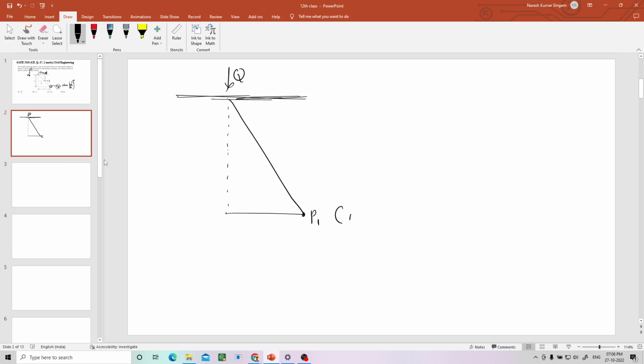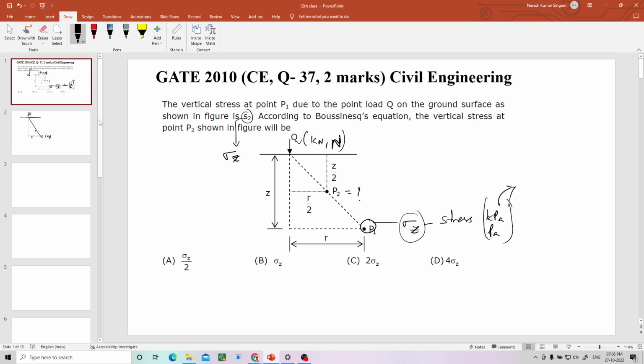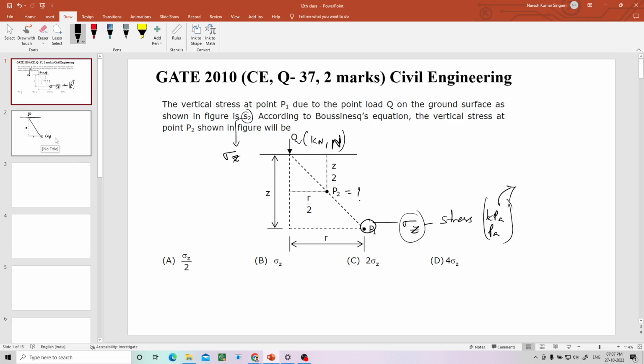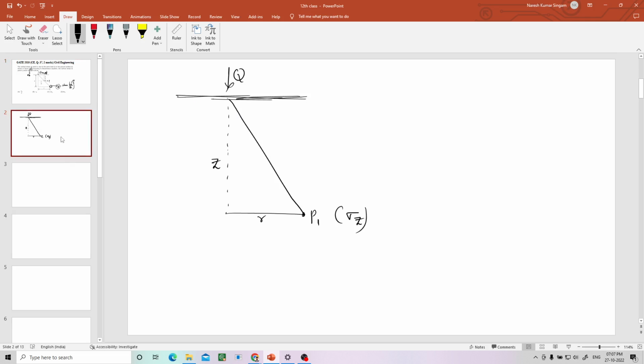At this point, this is sigma z and this is R. Sorry, this is R, this is Z. Correct.